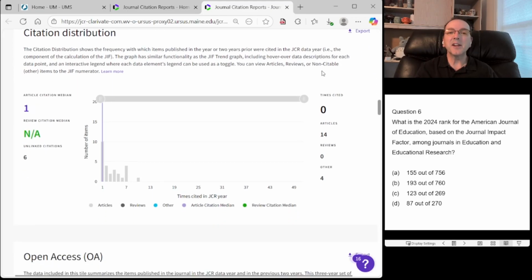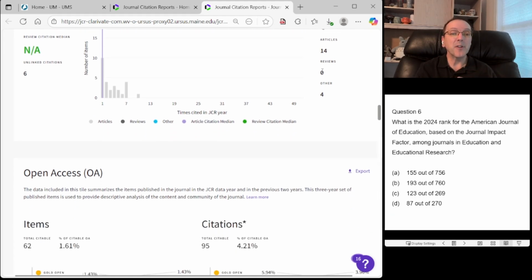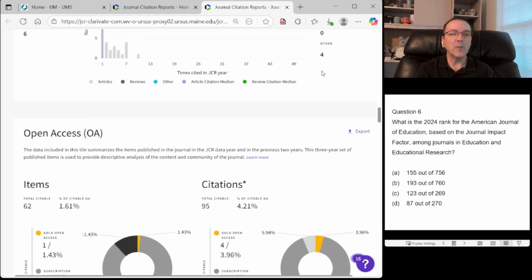This can be a little interesting because what if a journal on average is getting 3 or 4 citations per paper, but it's actually just one paper getting a whole lot of citations and carrying the whole team, and the others are getting none. This gives you a sense of what the actual spread is, so you can see if that's going on with a journal.